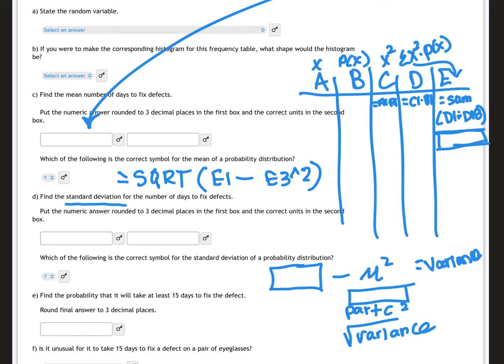That would be your standard deviation. I'm basically doing this whole process by hand, because I don't want to type it into my calculator, because that's a lot of work.